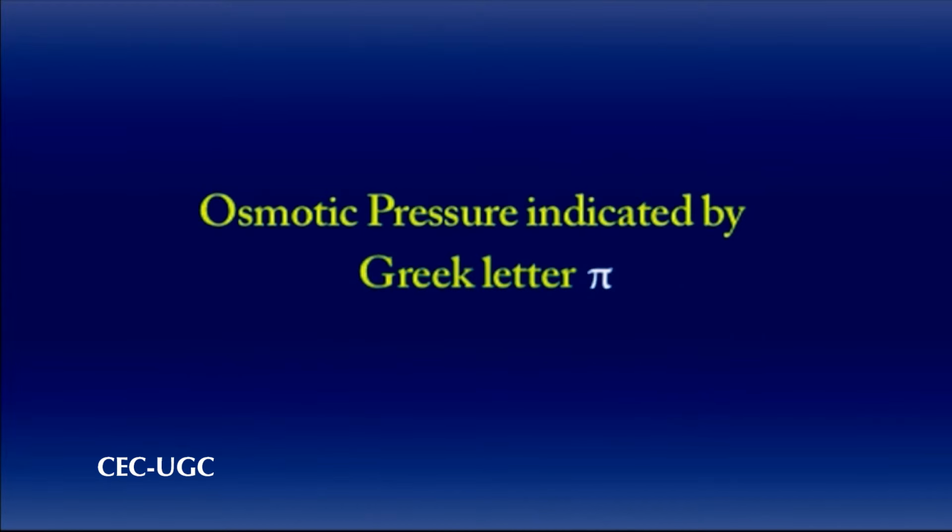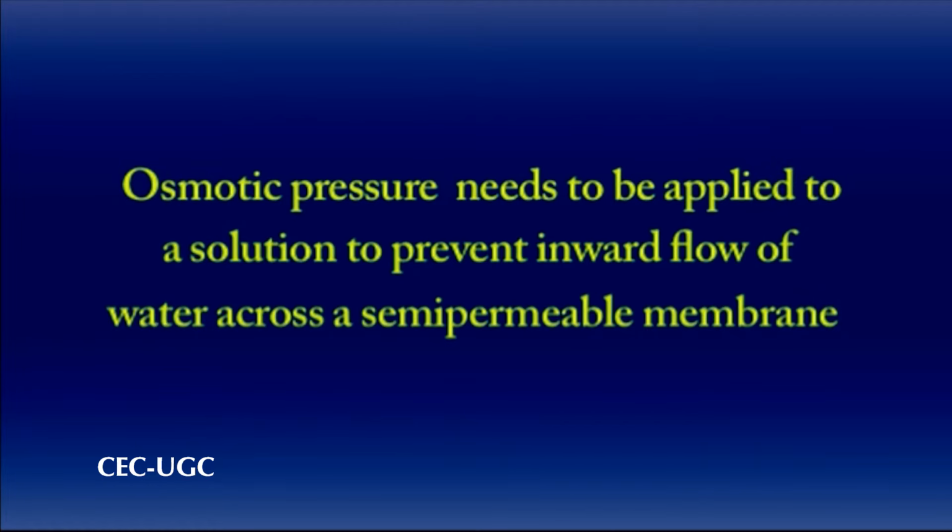It is indicated by the Greek letter pi. In other words, the osmotic pressure is the pressure which needs to be applied to a solution to prevent the inward flow of water across a semi-permeable membrane.